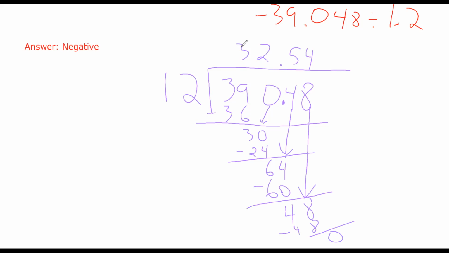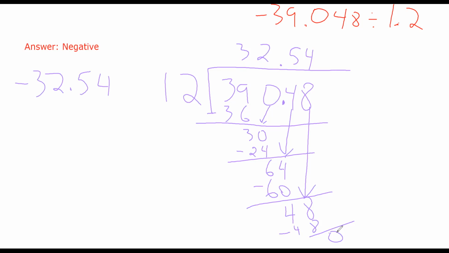There's nothing more to bring down. We got a 0 remainder. We're done. The answer is going to be negative 32.54. And that's my answer.